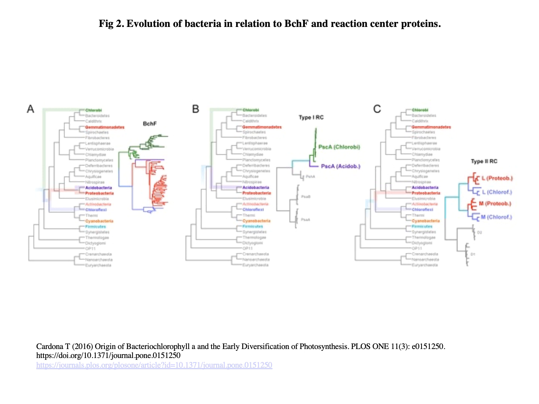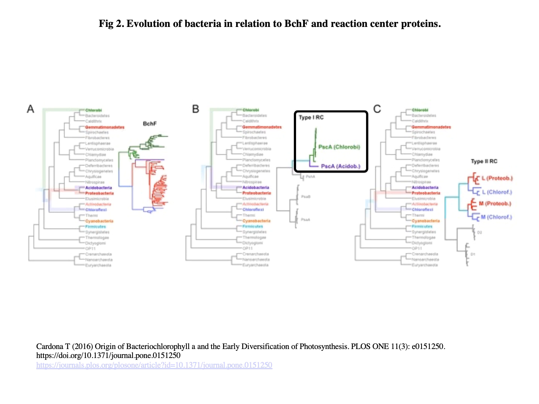And if you look at the various photosystems in bacterial chlorophyll F, you can see that Chloroflexi here in purple is closer to the acidobacteria and proteobacteria here than it is to Chlorobi, so it's further away.